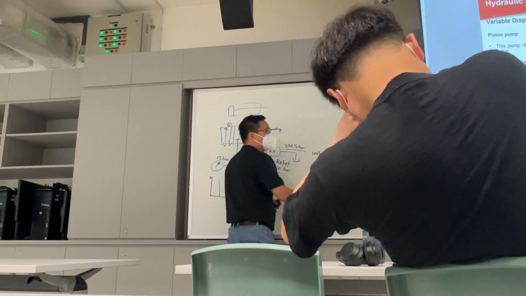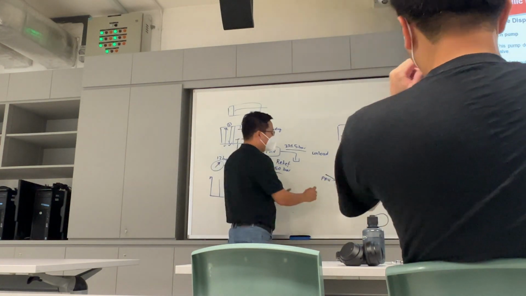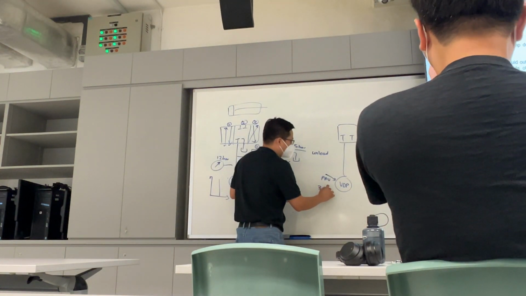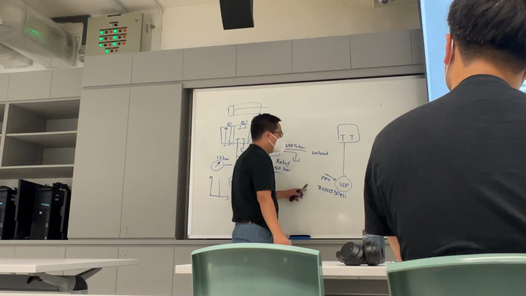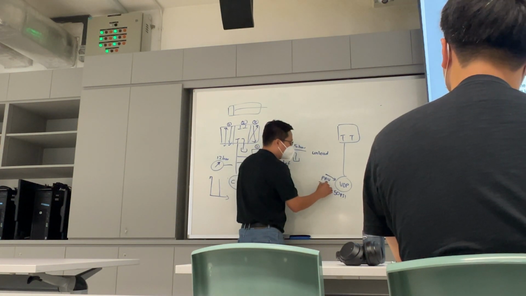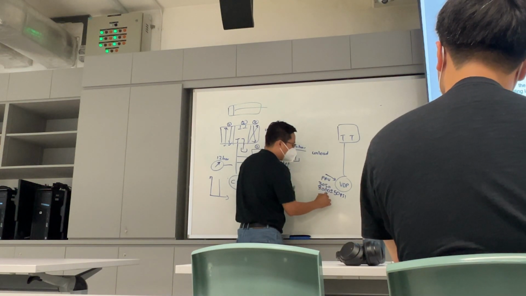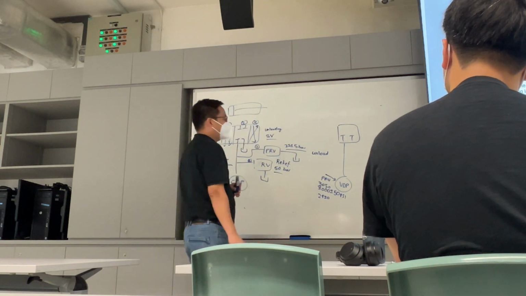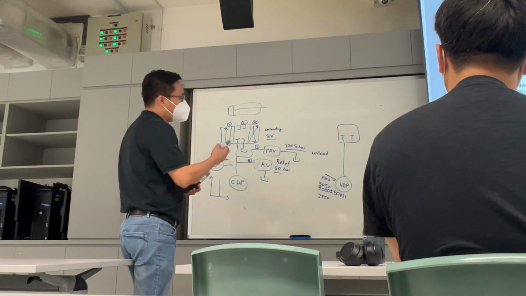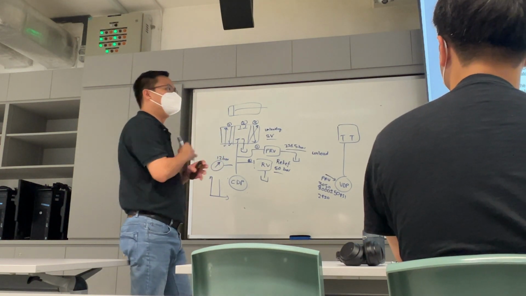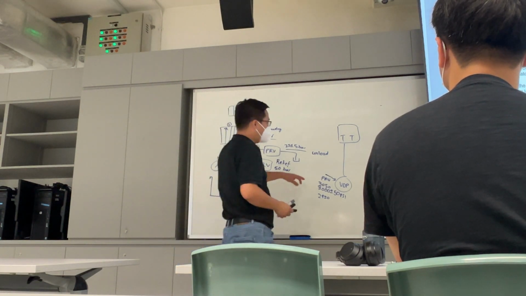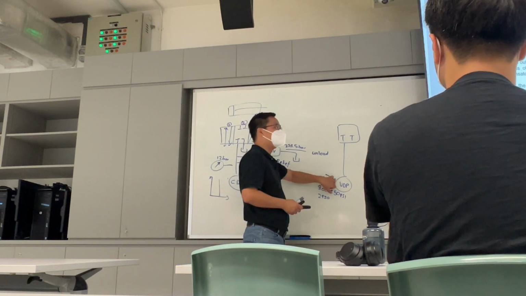So let's say I set the aircraft pressure at 3000 plus or minus 50 psi. So the higher limit is what? 3050, the lower limit is 2950, correct? Alright, so if I have a variable displacement pump and switch it on, there will be no explosion because it has a pressure regulator valve function inside.